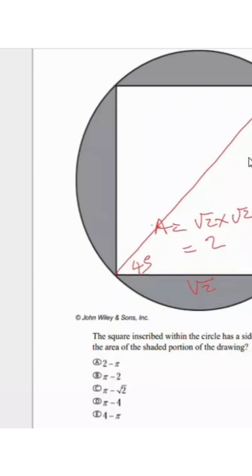The diameter is 2. How about the radius? The radius is half of the diameter. If we know the radius, what else? We find the area of the circle.